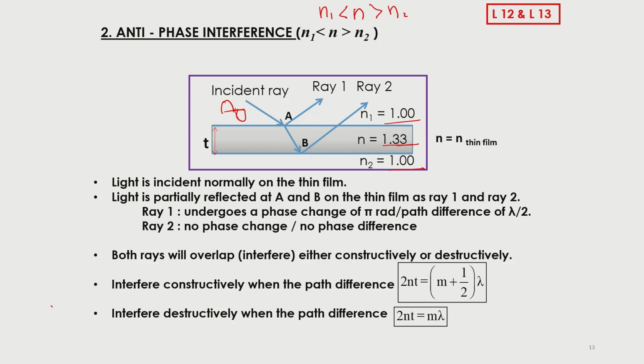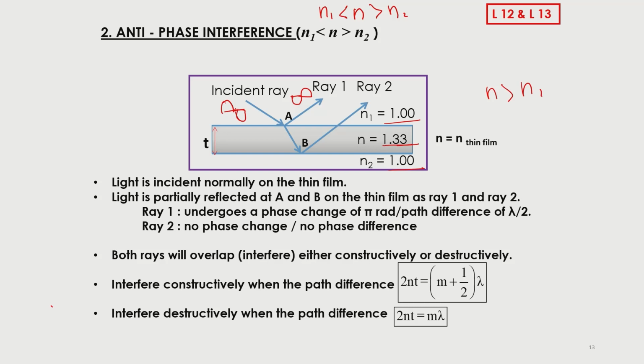Yes, it undergoes a phase change. Why? Because it reflects from a boundary at which the index of refraction increases. It increases from 1 to 1.33, so the refractive index of the thin film is higher than the refractive index of medium 1.